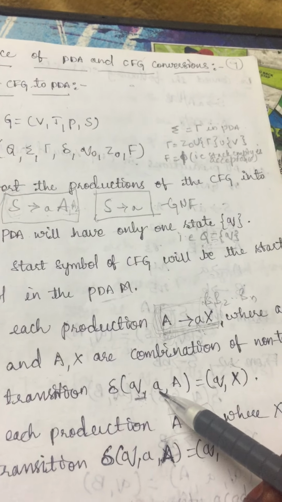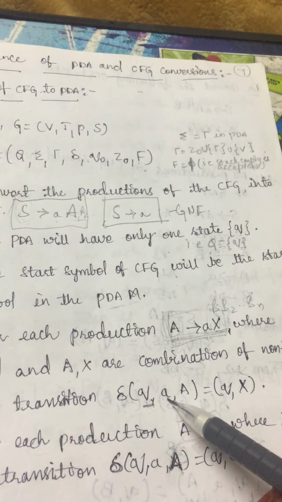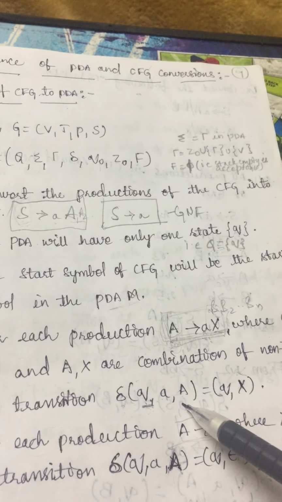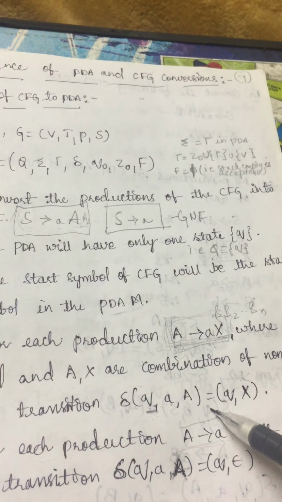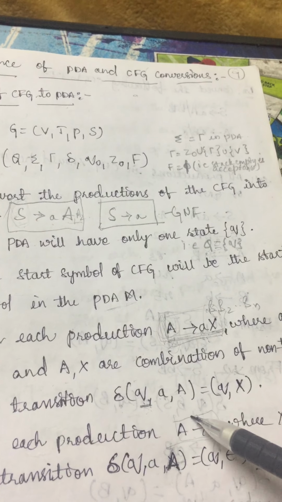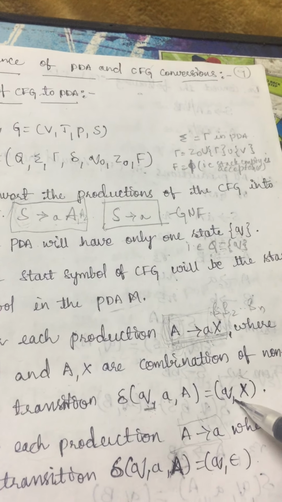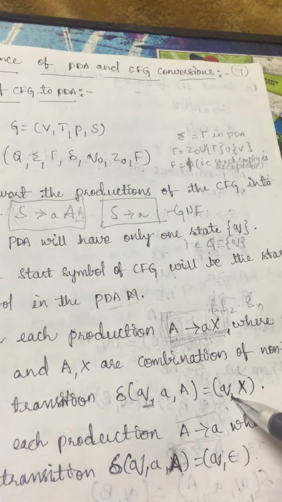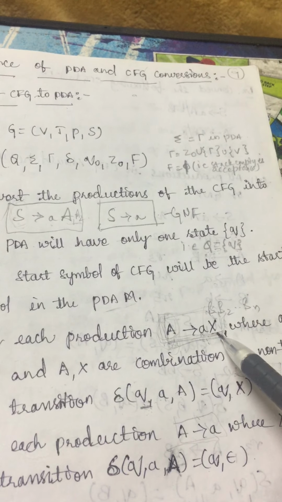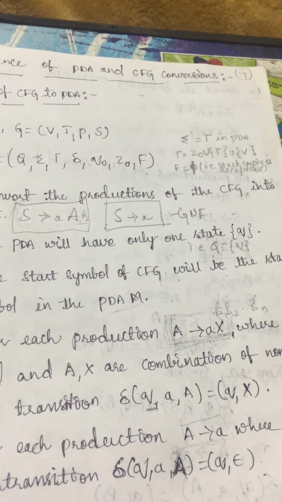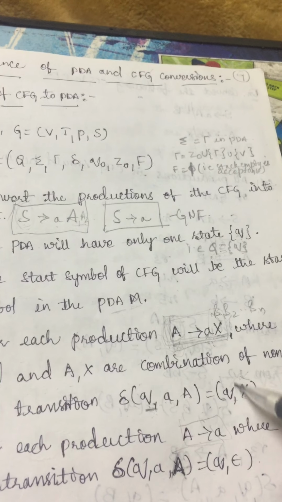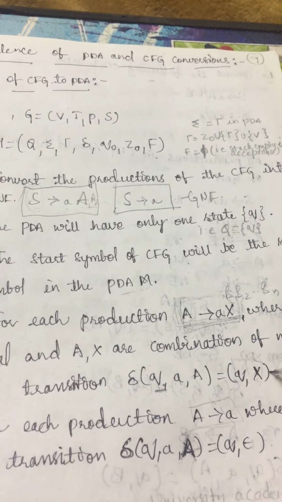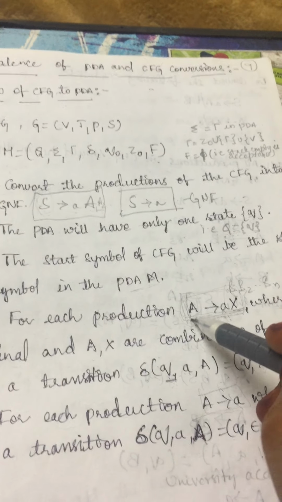A. That has to be written in the second place. And the non-terminal symbol on the LHS of the production has to be written here. And what is the output we obtain for this transition function? The state is a single state, that is Q here. And X is either one non-terminal or more than one non-terminal. So we write X here.